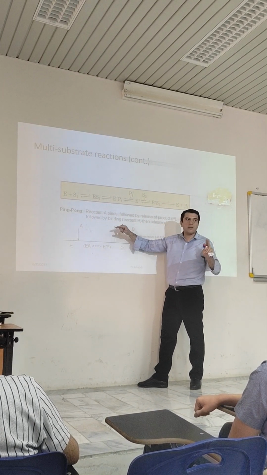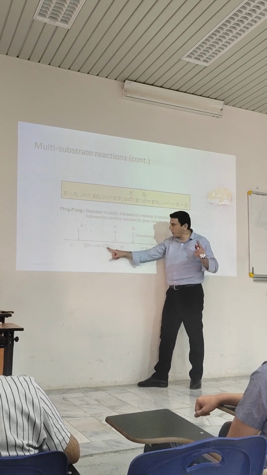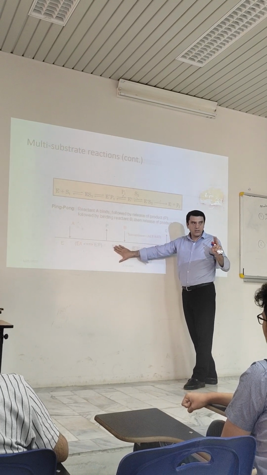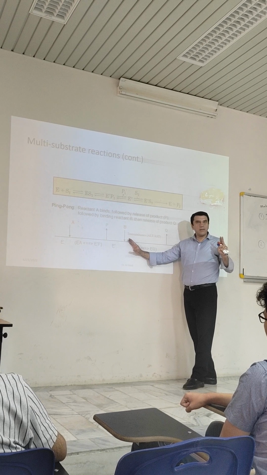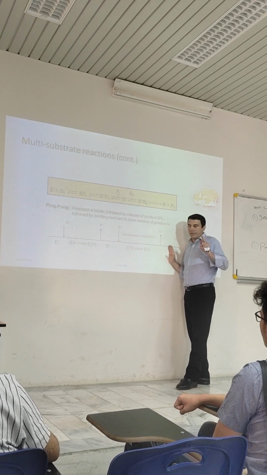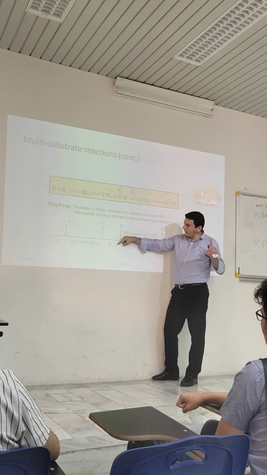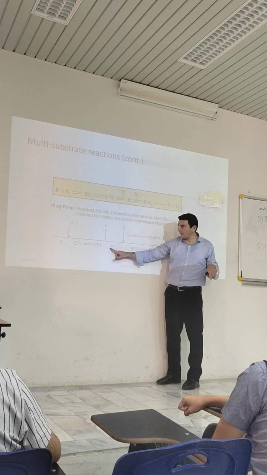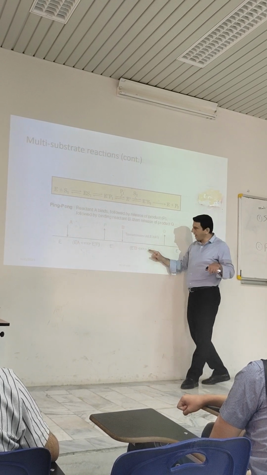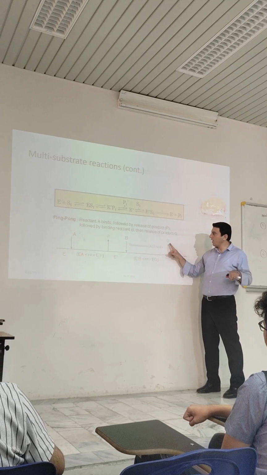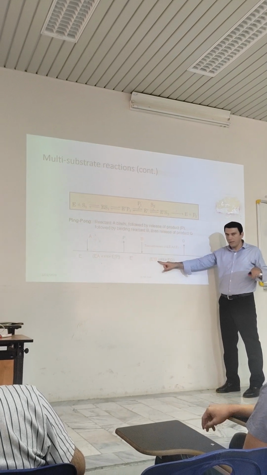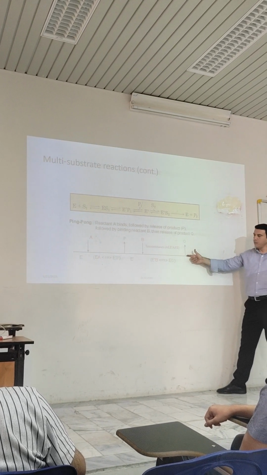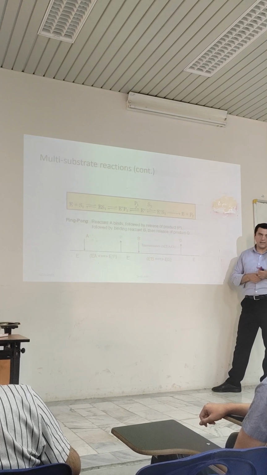When P is produced, the enzyme changes to E prime. When the enzyme changes, we can start the second step: B enters the active site of the new enzyme, E prime, and then changes to product Q. Then the enzyme changes to the original form. That is the second step of this enzyme.